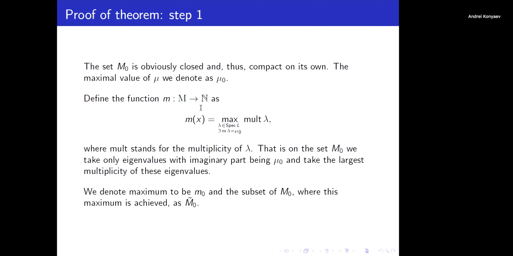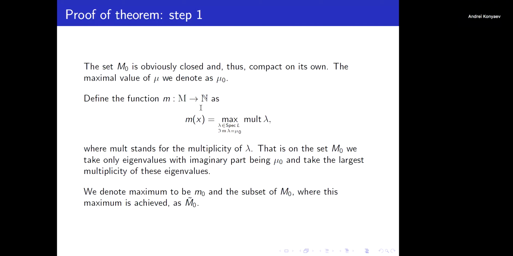We have a continuous function on a compact set, and it achieves its maximum and minimum. It is bounded again, and we will denote the largest multiplicity as m0.